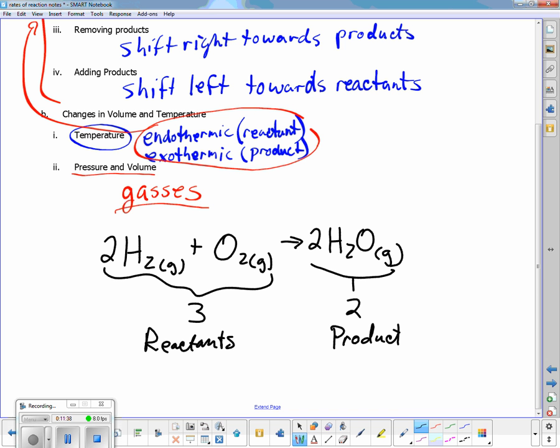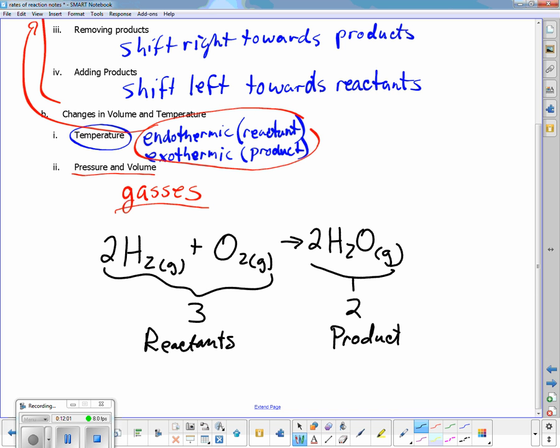I have a closed container and now I've squished it. I'm going to go to the product side, the side that has the least amount of gas. If I'm increasing the pressure, the gases don't like to be in high pressure, so they go back into the water or whatever's with them.